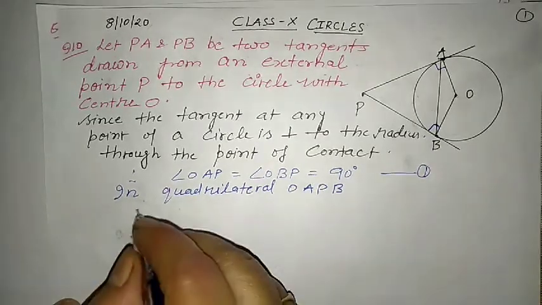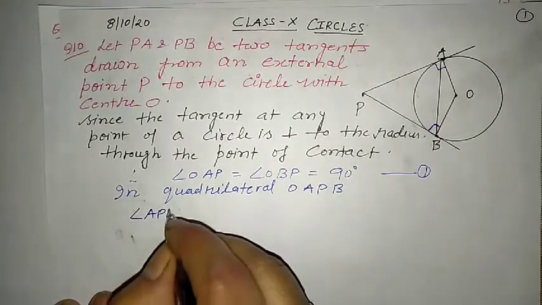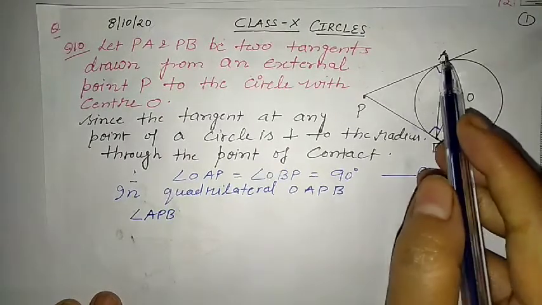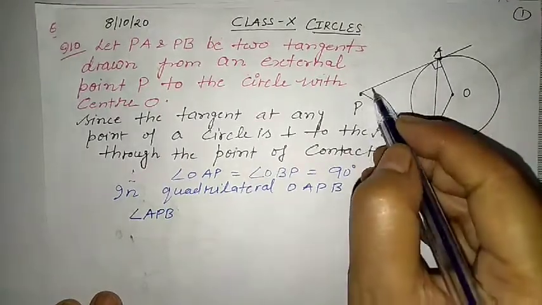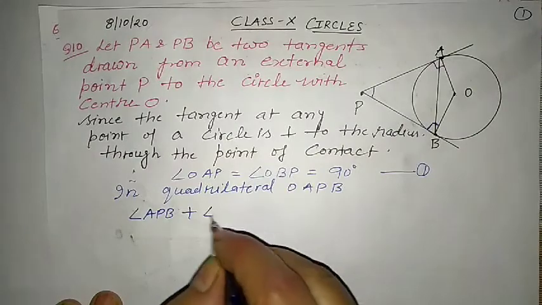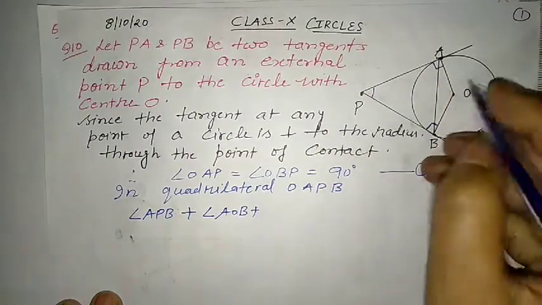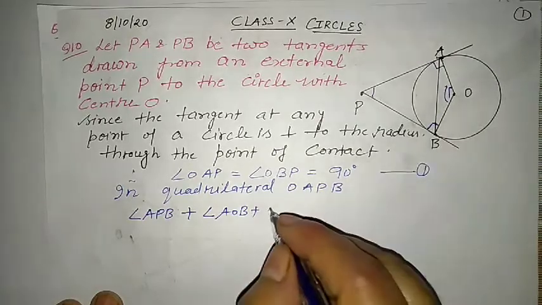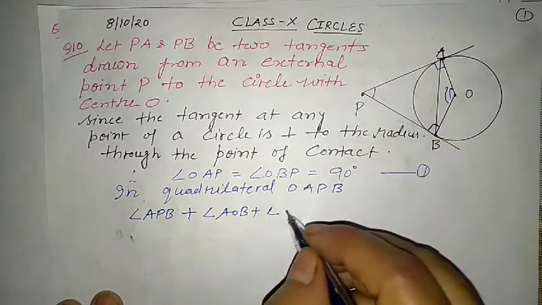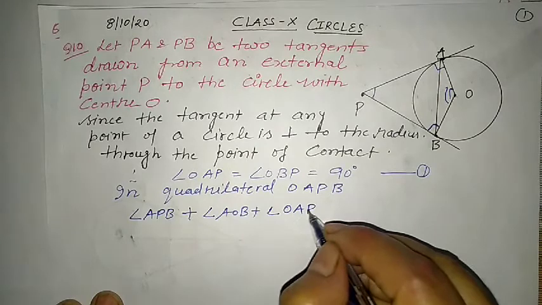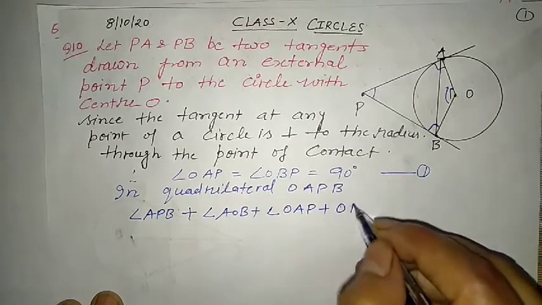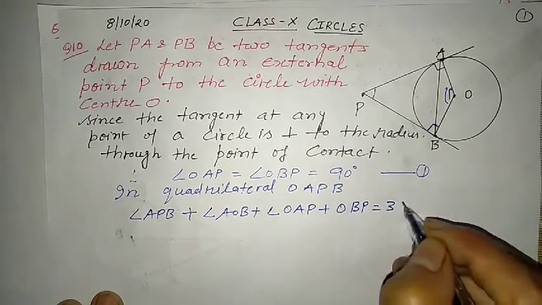So what will we write? Angle APB, this is angle APB, plus angle AOB, this one, plus angle OAP plus angle OBP equals 360 degrees.